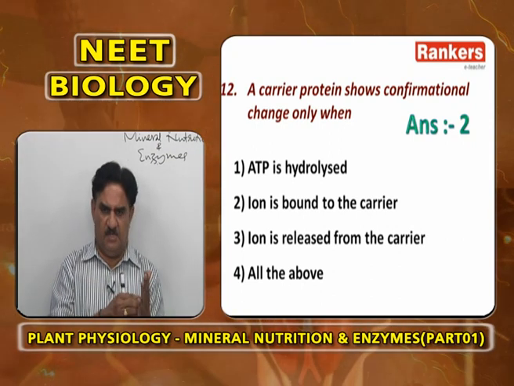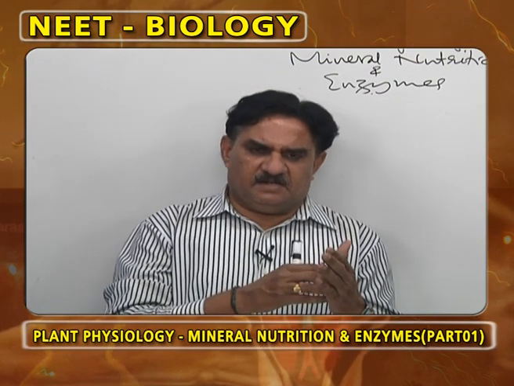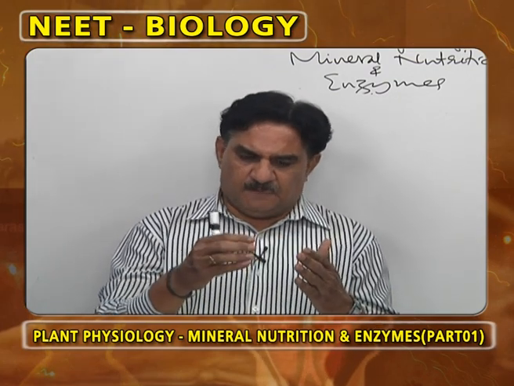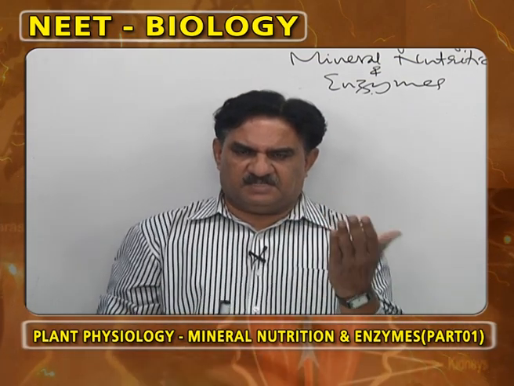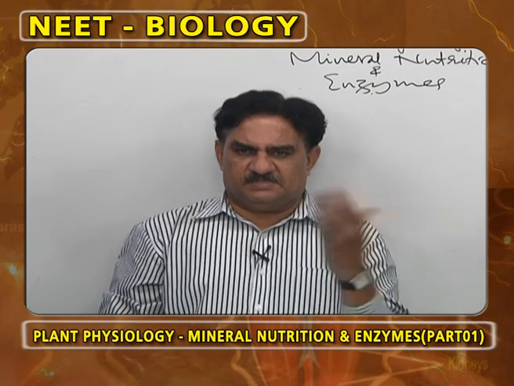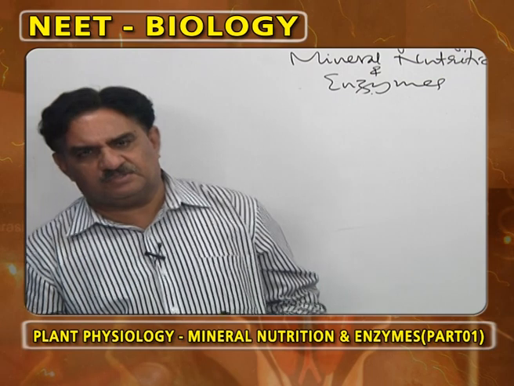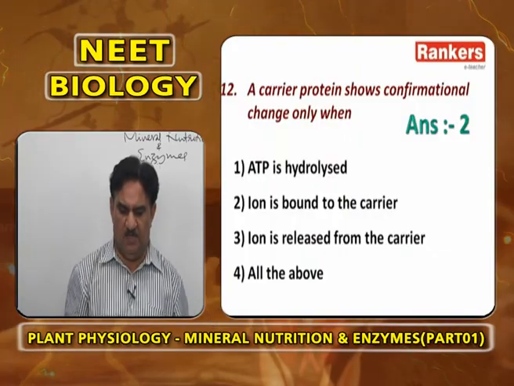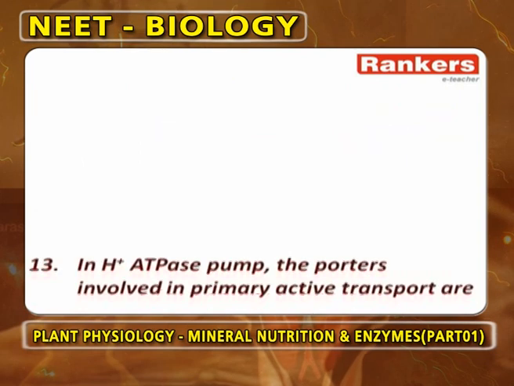Whenever ion is bound to the carrier, this becomes an ion carrier complex. Now the ion carrier complex passes through the cell membrane. At one point of time, it shows conformational changes. The phase of the carrier turns from outer space to inner space to release the ions into the inner space. So a carrier protein shows conformational changes only when ion is bound to the carrier. So second option.